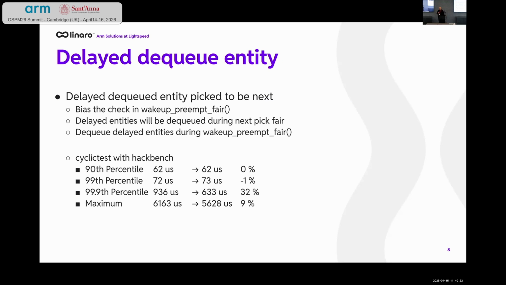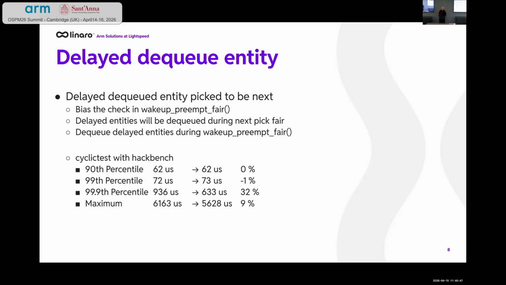I want a small change to the patch, but we'll put this in 7.1 as well. Initially I was looking at whether I could skip the delayed DQ in the pick, but then we lost all the RB tree handling, so dequeuing it is right. Okay, so with that we've got an additional benefit.